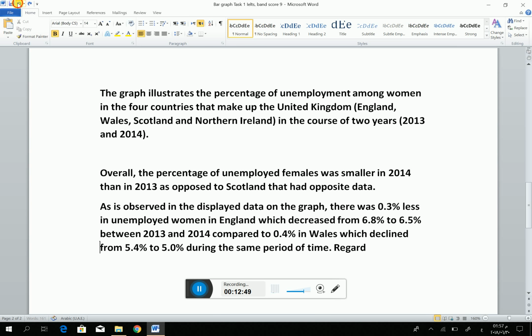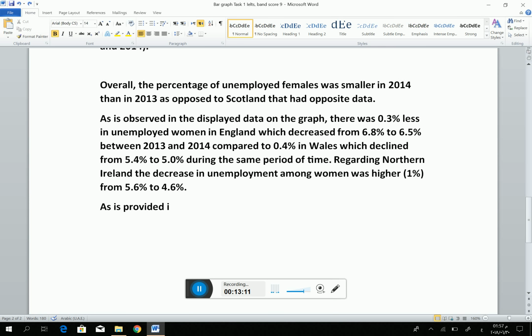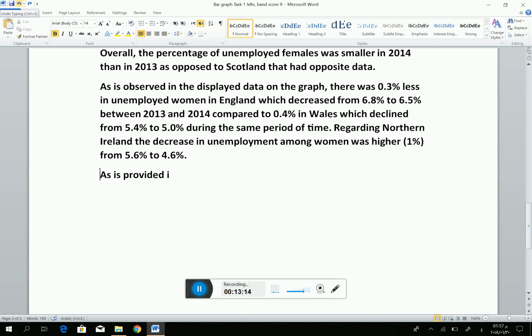Regarding the third country, Northern Ireland, the decrease in unemployment among women was higher, 1%, from 5.6% to 4.6%. This is the first paragraph in the body.